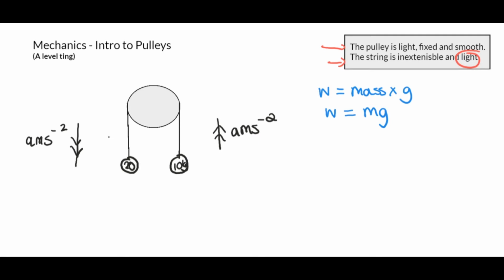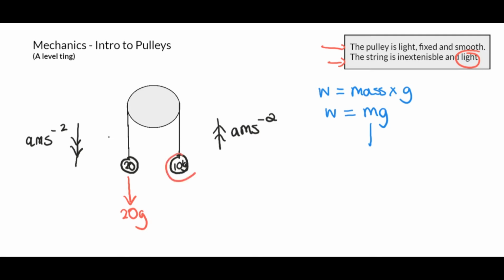So let's take a look at this 20 kg here. Now, this 20 kg weighs 20, because the mass is 20, times the gravity. You understand? And we know it's going down, yeah? But it's going to be mass times gravity. We know the mass is 20, so 20 times gravity. I hope you're okay with that, okay? Because obviously it's going down, yeah?